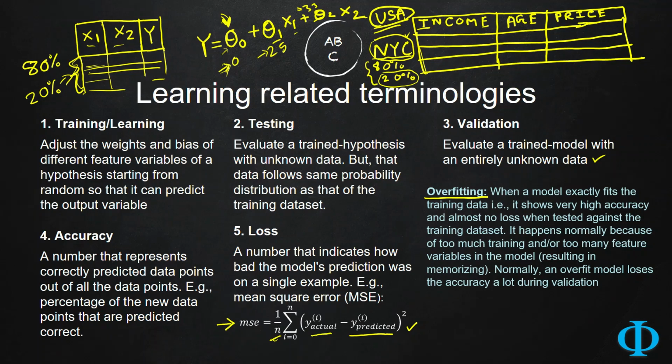But it starts showing a very bad result, or the loss is very high, whenever it is tested on some entirely different validation data set.